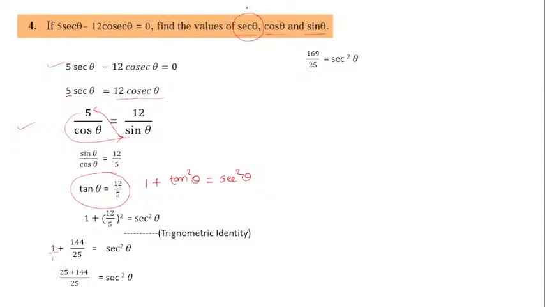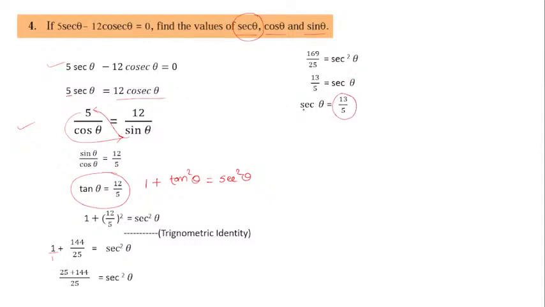But we want the value of sec theta, so we should take square root on both the sides. So taking square root on both the sides, we get square root of 169, that's 13, divided by square root of 25 is 5, that is equal to square root of sec square theta is sec theta. So this is the value of sec theta, that is sec theta is equal to 13 divided by 5. This is the answer of the first question.